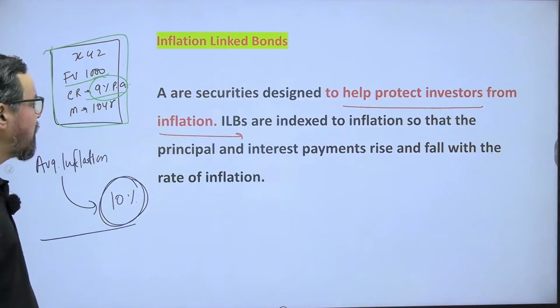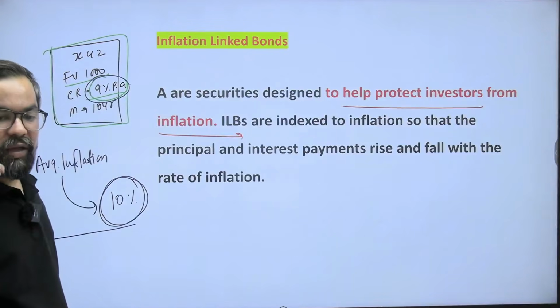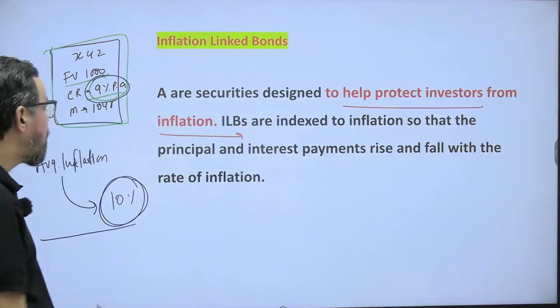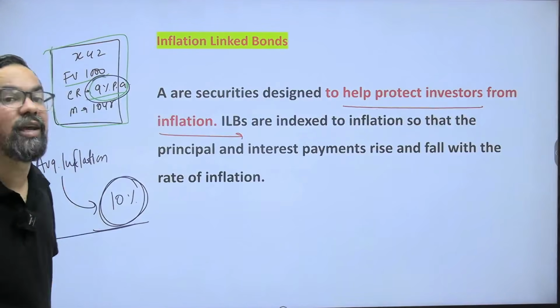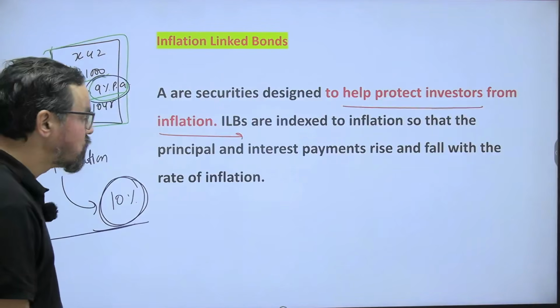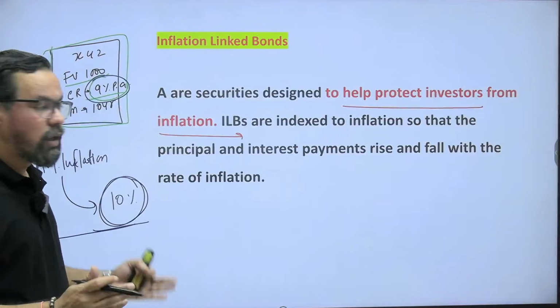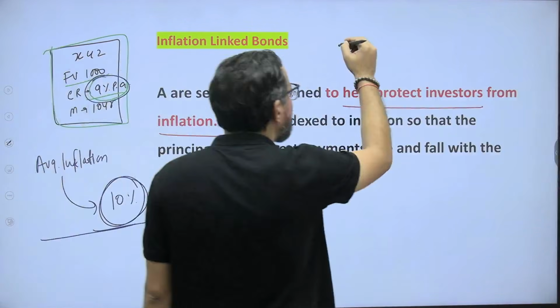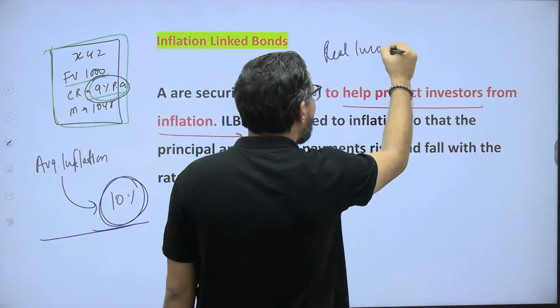Now we have invested in some securities where we are getting 9% interest, but during that period inflation is 10%, so you are getting nothing from that investment, right? After 10 years, with the average inflation of that period, this is your concept of real income. How do we calculate real income?